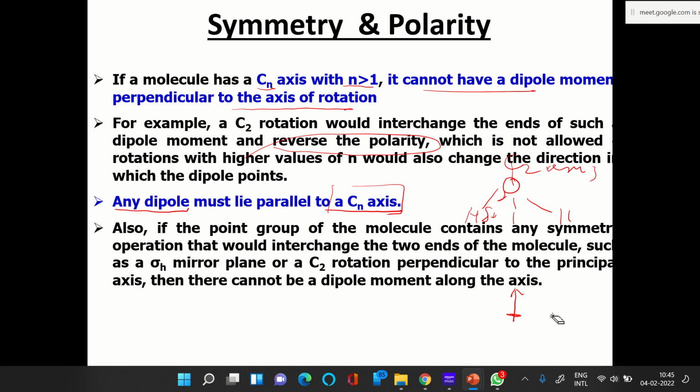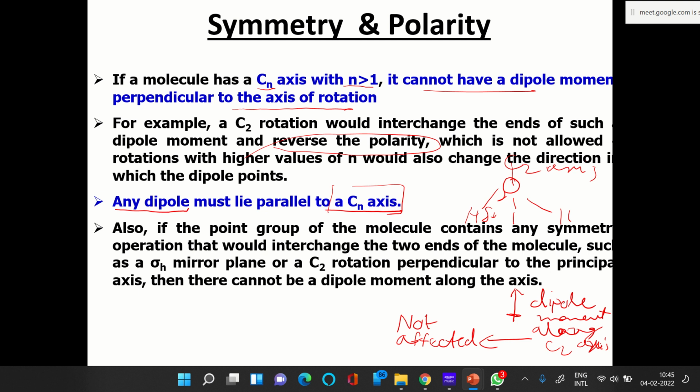The dipole moment is along the C2 axis, and it is not affected when rotation is done.